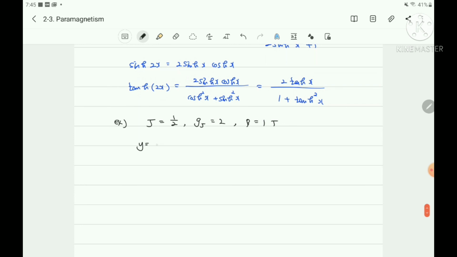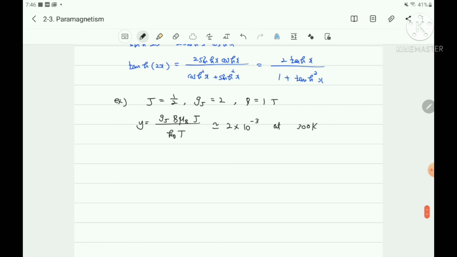Then y is gJ mu B J B over kB T. When you calculate this, it is about 2 times 10 to the minus 3 at 300 Kelvin, room temperature, which is small enough to expand as a power series.